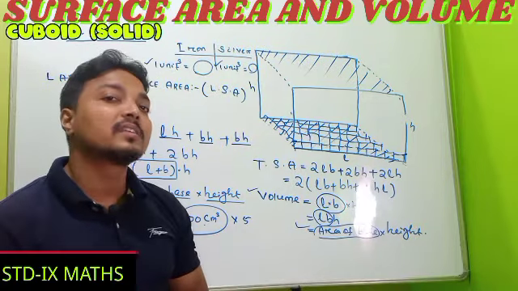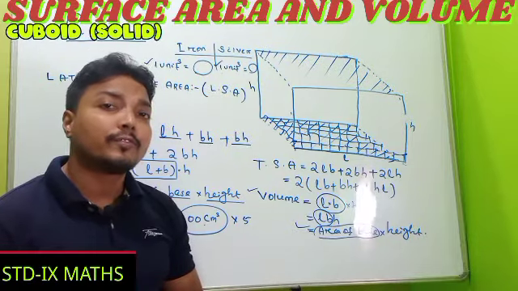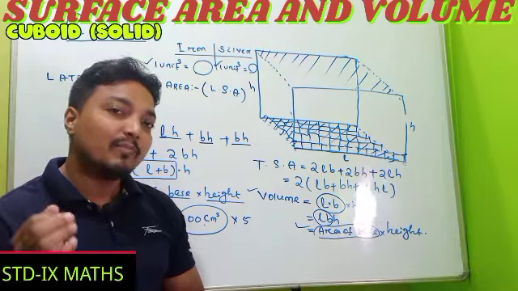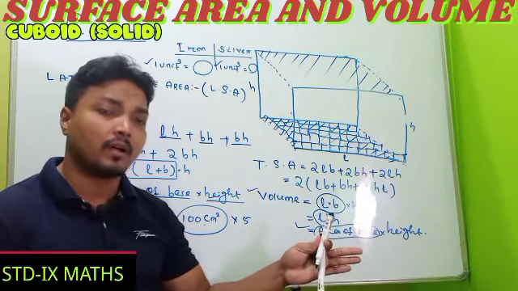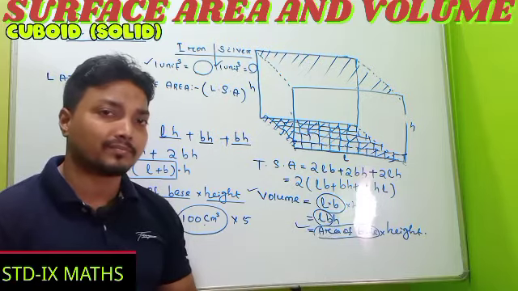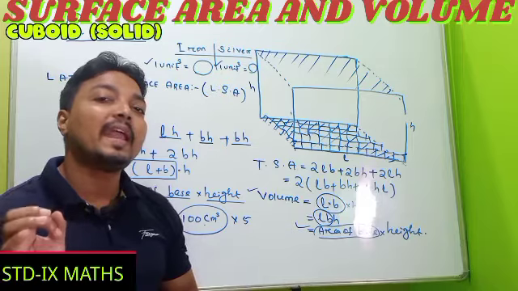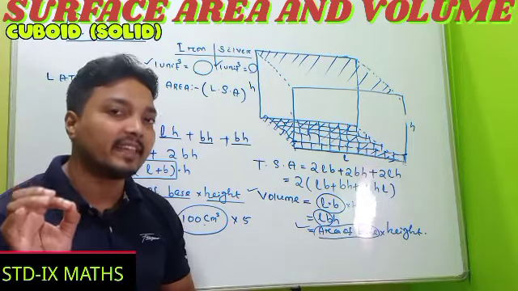Now we will discuss the case where the cuboid is made up of a thin plate, just like our sweet box, or an aluminum box, where the thickness of the plate is very negligible, very thin.